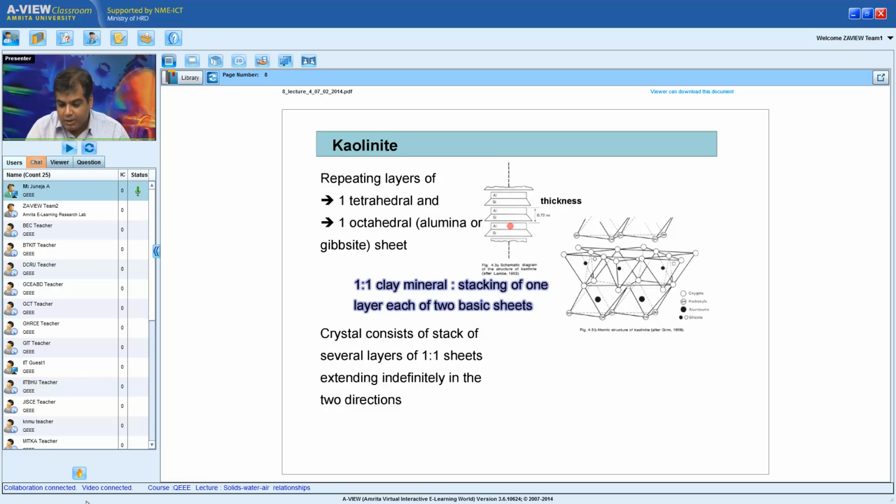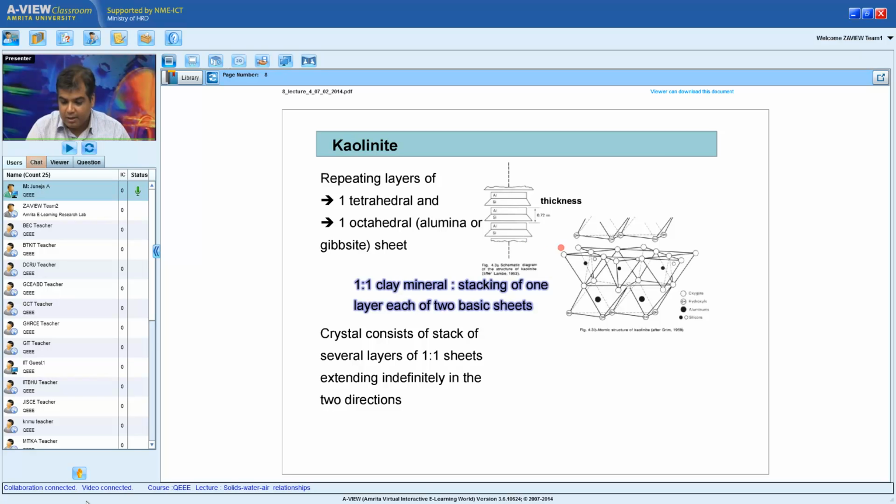So that's one particular set, and I'm not sure if you can read this, it's 0.72 nanometer. That's the thickness of this particular set. So this particular 1:1 sheet or 1:1 crystal continues n times in both directions.